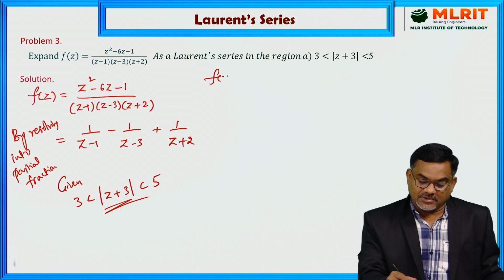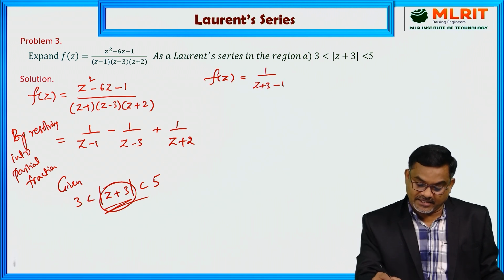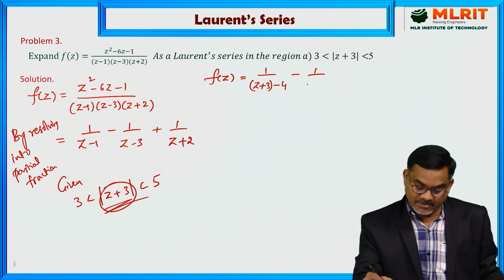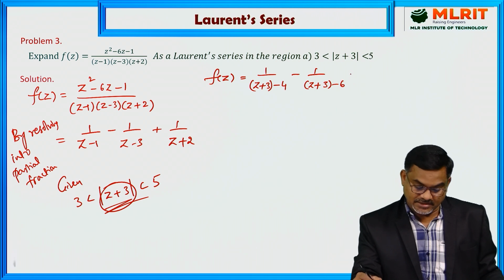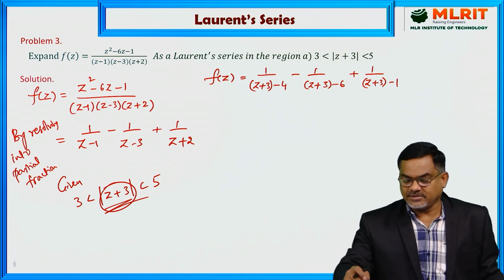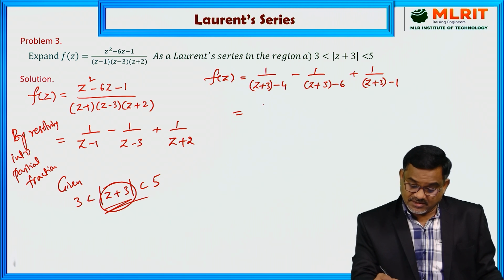So the function f of z becomes 1 by, here we have z plus 3, so try to get the same term here, z plus 3 minus 4, so that it becomes z minus 1, minus 1 by z plus 3 minus 6, plus 1 by z plus 3 minus 1, so that z plus 3 minus 1 is z plus 2.